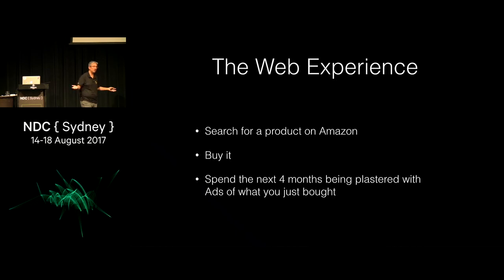At this point, you're like, why don't you just all talk to each other so you know I bought that damn fridge and you stop harassing me? And I could, offer me a coffee maker or something instead. But that is our experience. This is like walking into a shop, right, and then walking out, and then the shop person constantly chasing you down the street every day and calling you, saying you walked into a shop. We used to call them car salespeople, right? Now we've got them all over the internet.